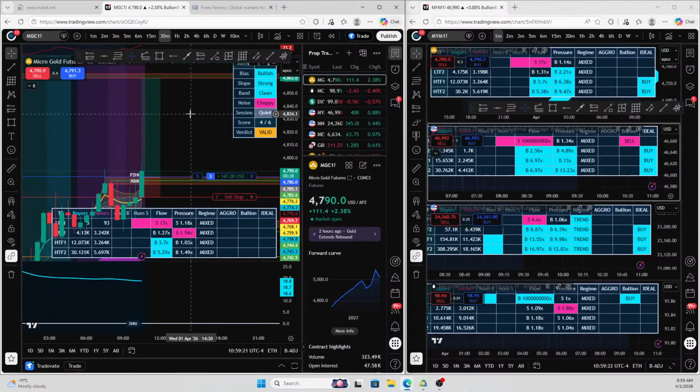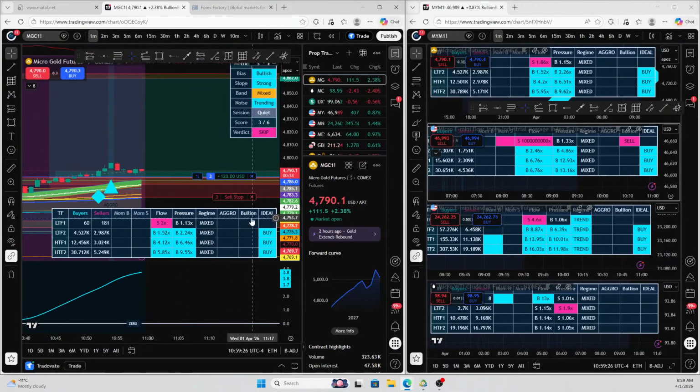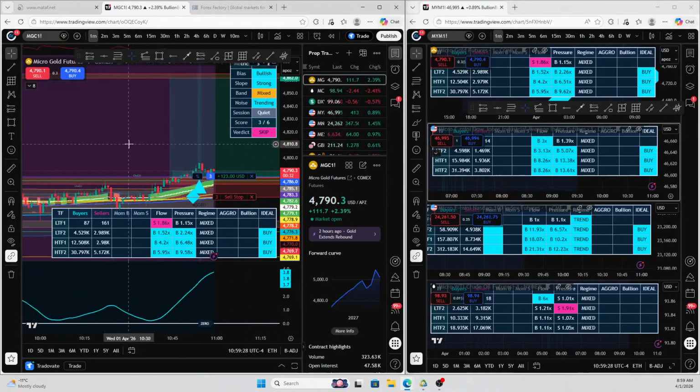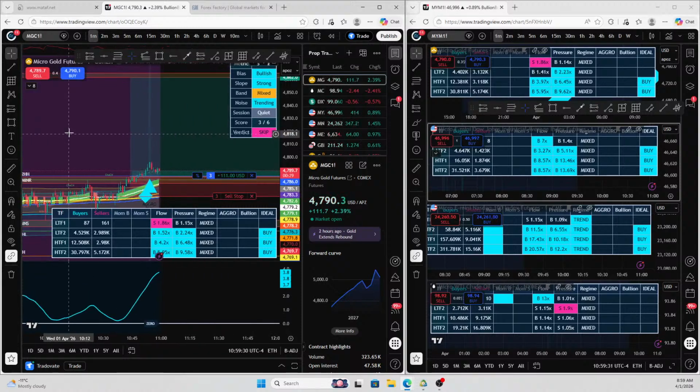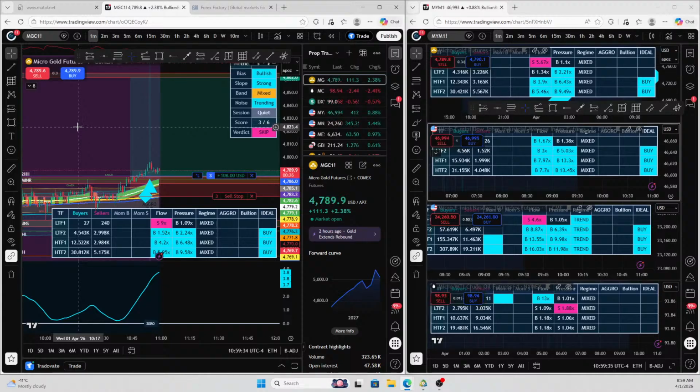Yeah, any close below the range and we might just call it a day. We might not continue trading for the day. But if it continues to push up, then we'll hold the trade to the TP.